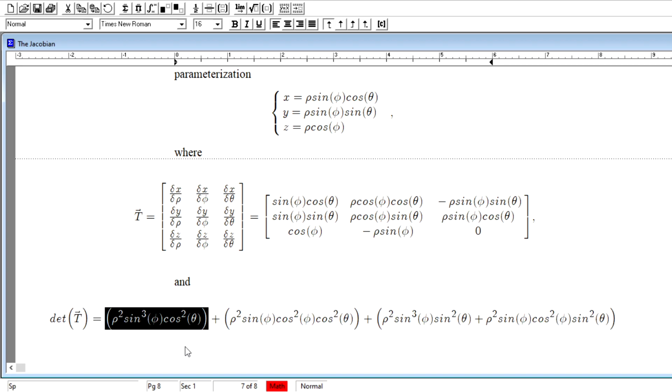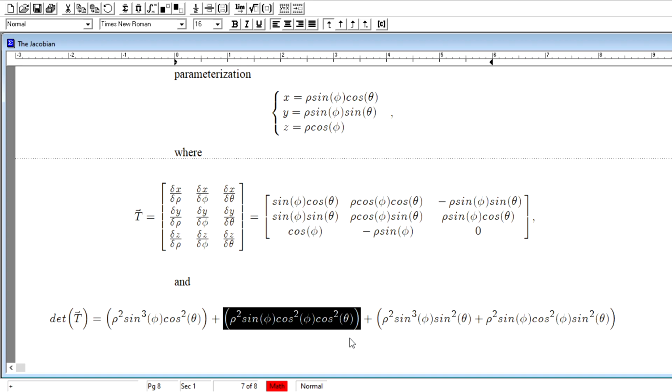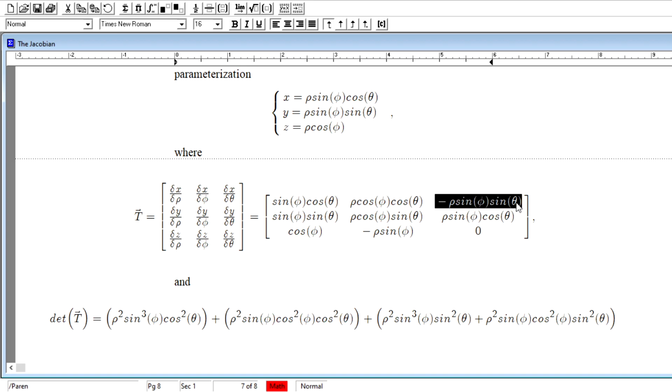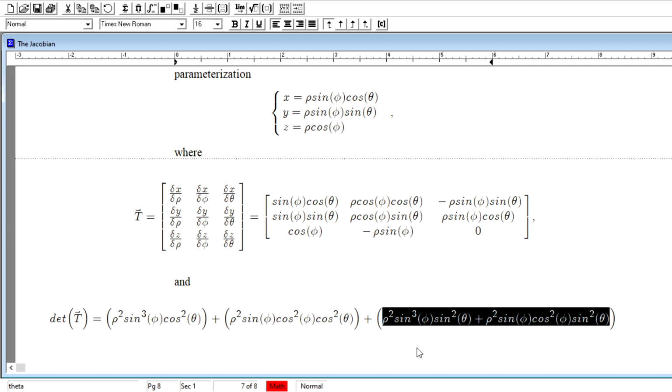That produces this first result, minus this component times the cross product of this with this times this, well, minus this times that, which gives us this result, plus this component times the cross product of this with this minus this with that, which produces this result.